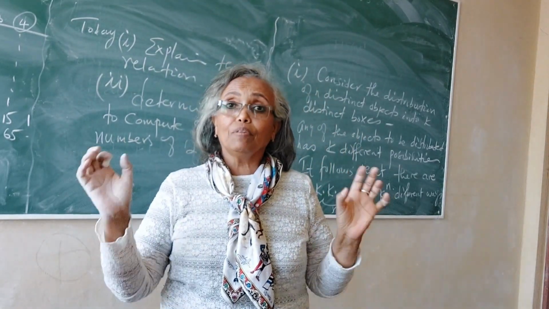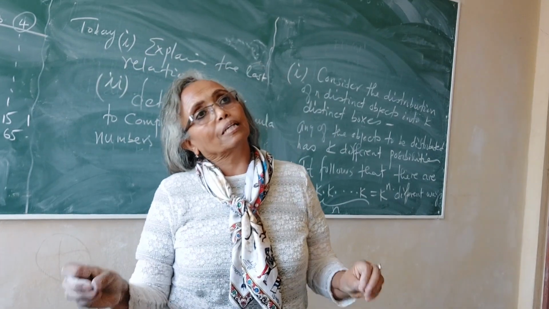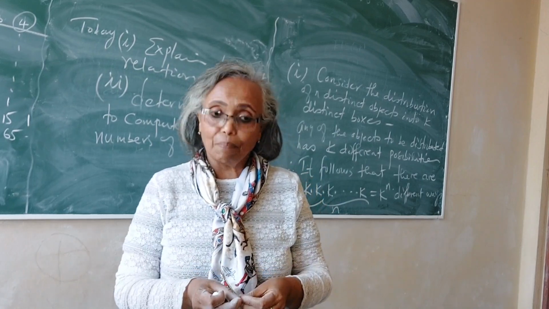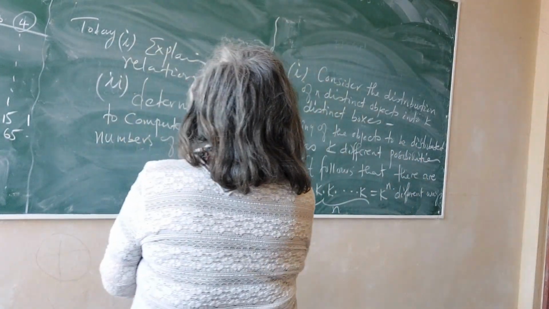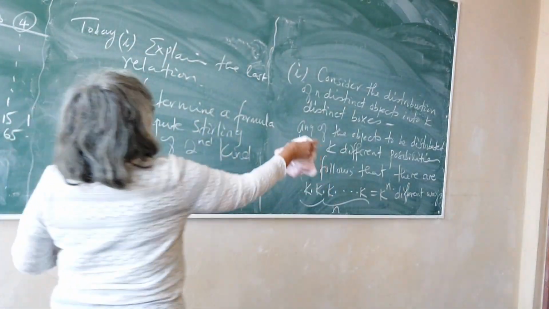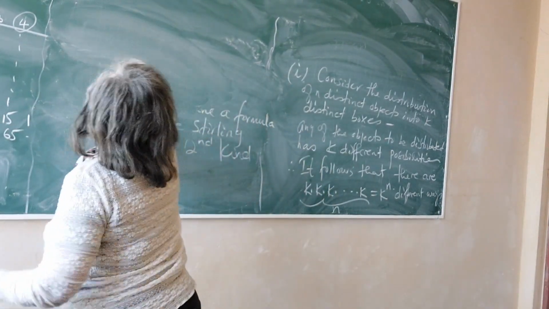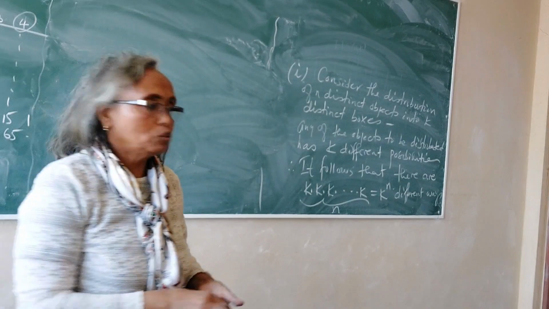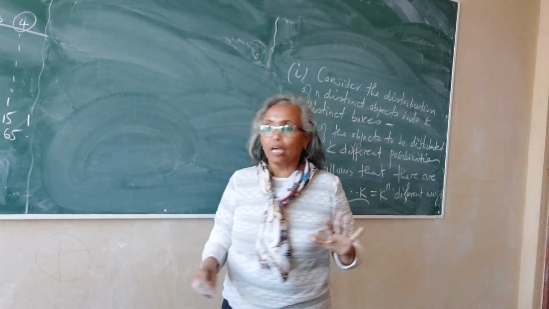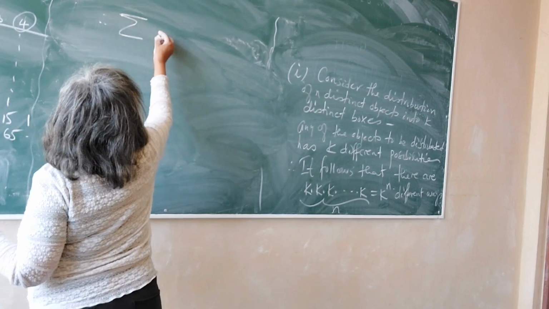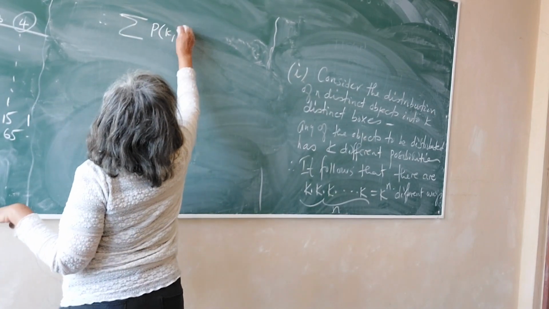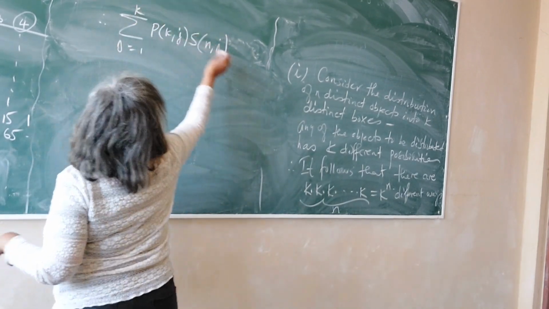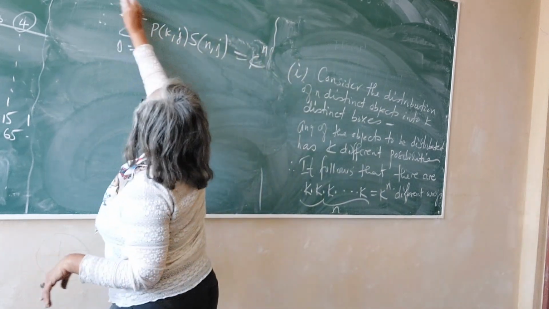We counted the same thing in two different ways and came up with two numbers. Those numbers have to be the same. That's why we have the relation: the sum of P(k,j) times S(n,j), as j runs from 1 to k, is equal to k to the power of n. That's explained.